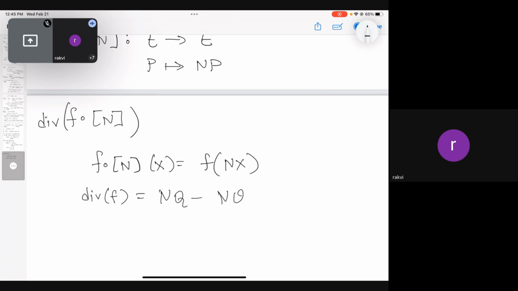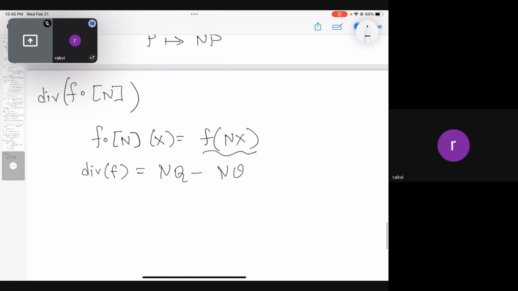So there is a zero at q of order n, right? What will happen with this composition? Basically, if f of n of x is 0, I want n of x to be equal to q. So I want all those points such that whenever I add n to them, I get q.